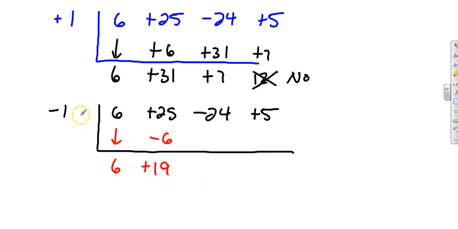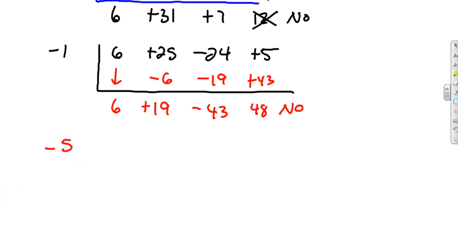That's positive 19. That's negative 19. This is going to be negative 43. That is not going to get us a 5, so this one's not going to work. That's 48. So that didn't work. So now we're down to either positive or negative 5. Okay, I'm going to help us out on this one. It's not positive 5, so let's check negative 5 and see what happens.